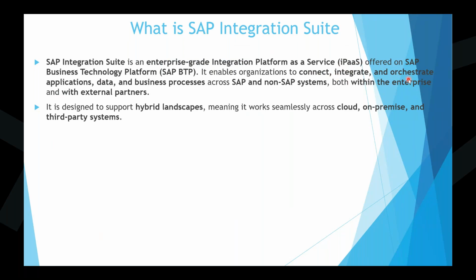Orchestrate means coordinating complex multi-step processes across many systems, like a conductor directing an orchestra. So to make it work in the right way, the data has to flow. That is what this orchestration will take care of. Any questions? Is it clear, guys? You guys are understanding, right?